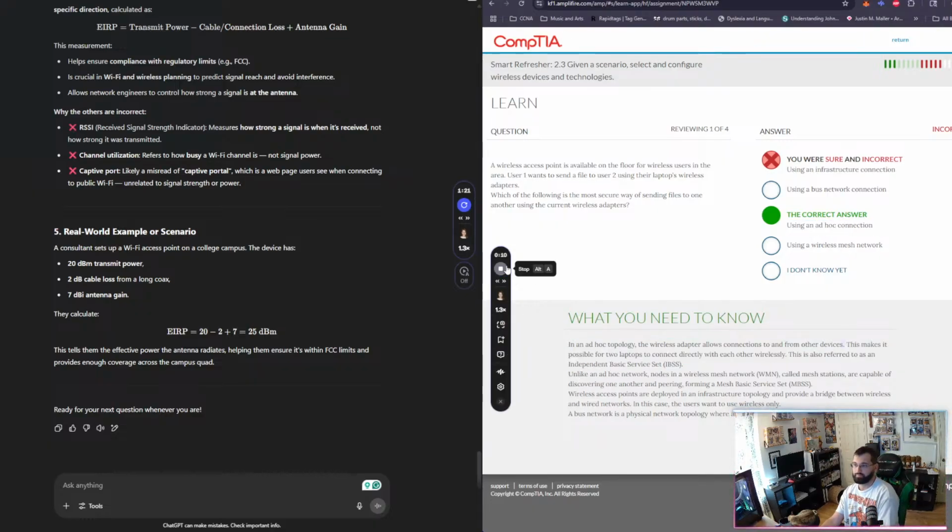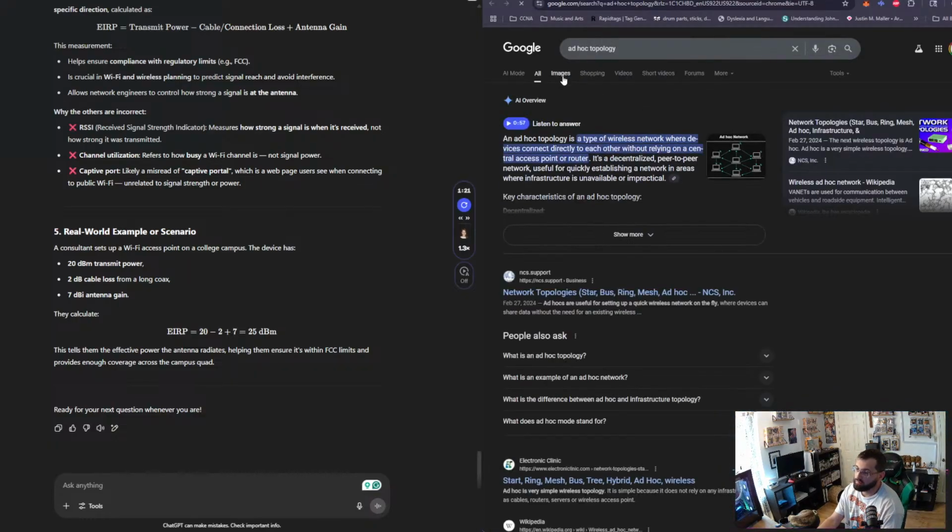In an ad hoc topology, the wireless adapter allows connections to and from other devices. This makes it possible for two laptops to connect directly with each other wirelessly. This is also referred to as an independent basic service set, IBSS. So an ad hoc topology is a wireless network where devices connect directly to each other without relying on central access points or routers.